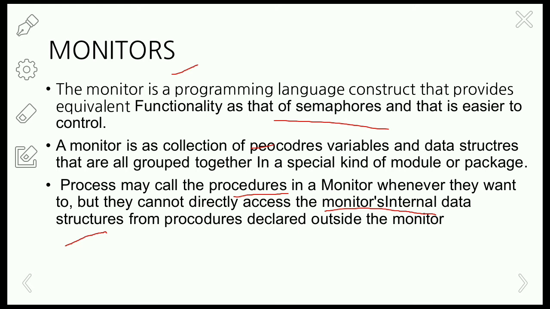The monitor is somewhat similar to semaphores. It performs inter-process communication among the processes that access a critical section. In monitors, only one process is allowed to be in the critical section, which performs mutual exclusion.